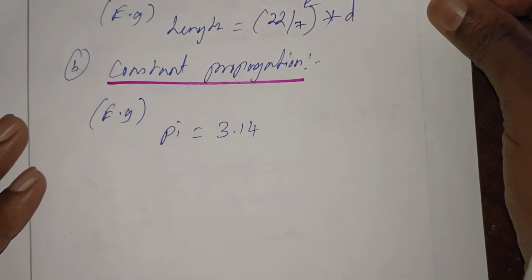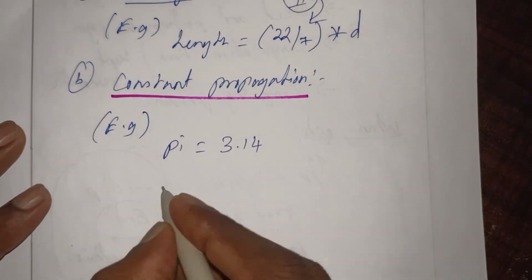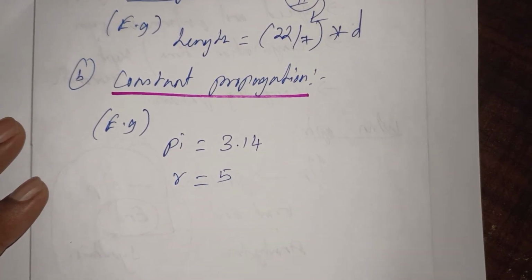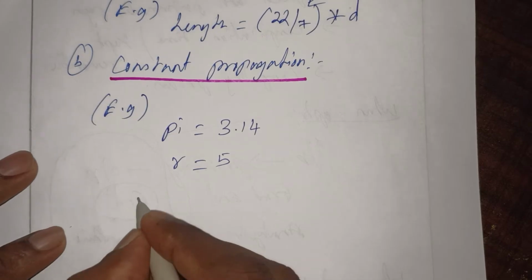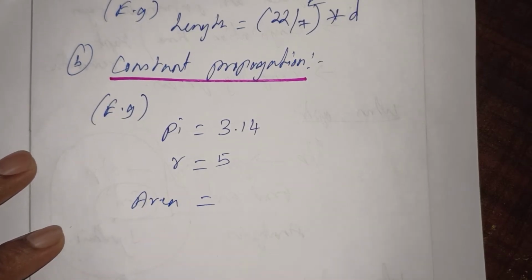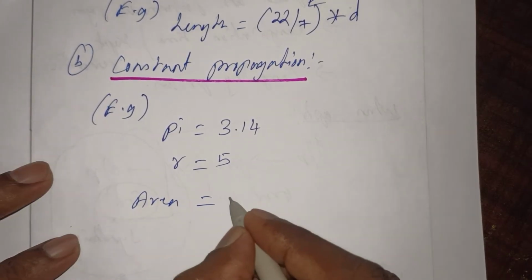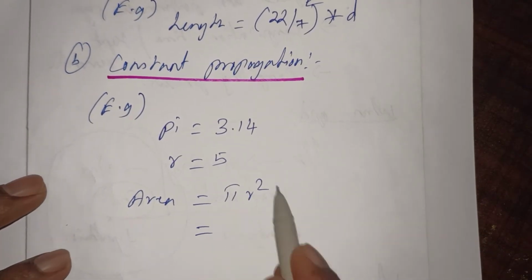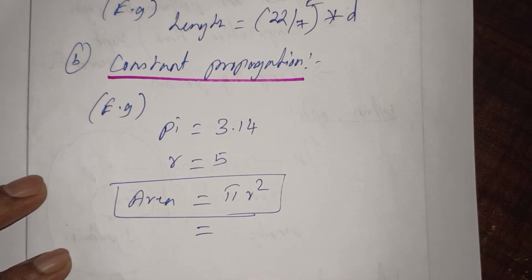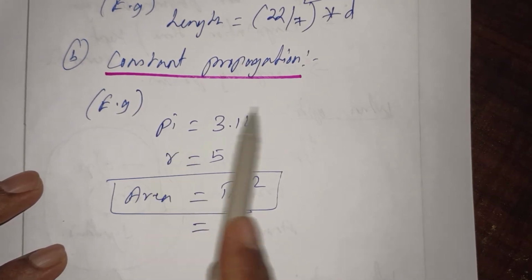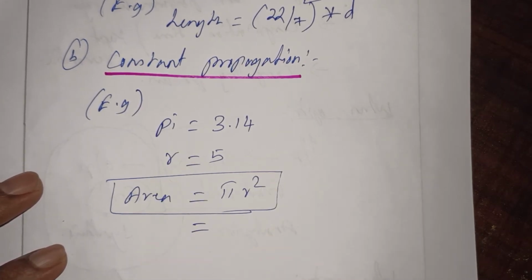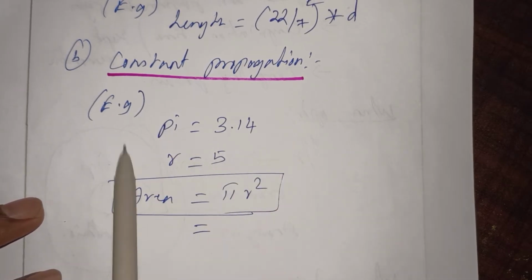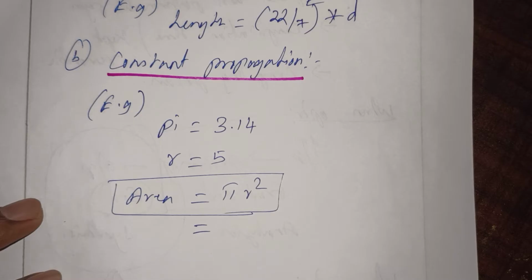This is the pi value you can get, and I'm initializing r is equal to 5. I'm asking you to find the area. Area is equal to pi r square, you all know that. Instead of the actual formula, the value is already there. So the point is, the variables are replaced and the computation is done at compilation time itself.